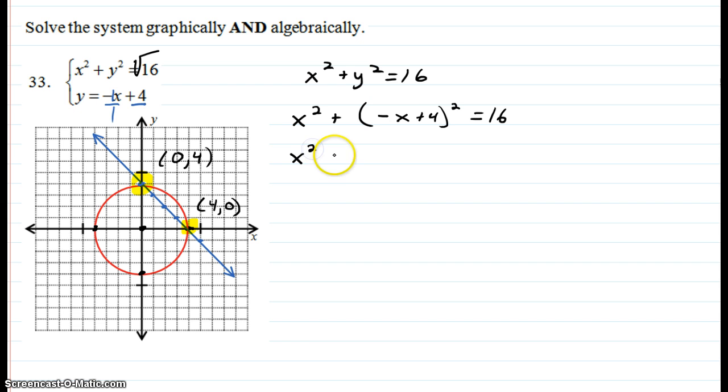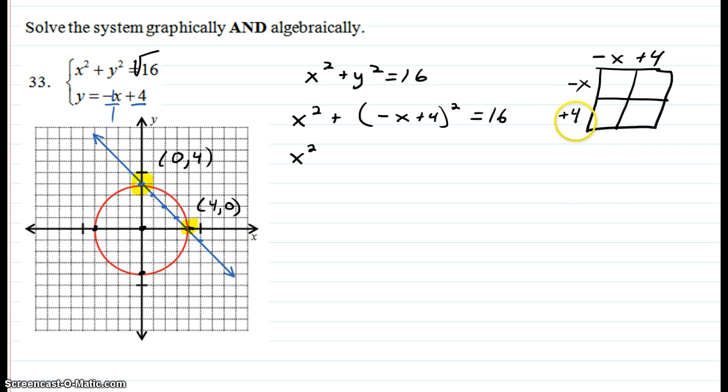So we get x squared, and if off to the side you need to either do the box method or if you just want to FOIL it, you need to simplify it. So we get negative 4x, negative 4x, plus 16. Combine them. So we're going to have x squared minus 8x plus 16.